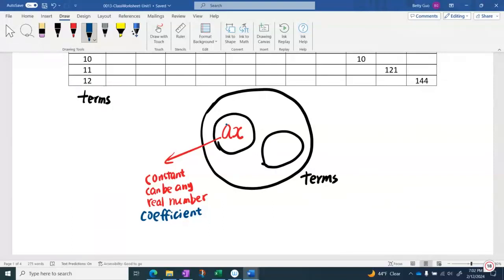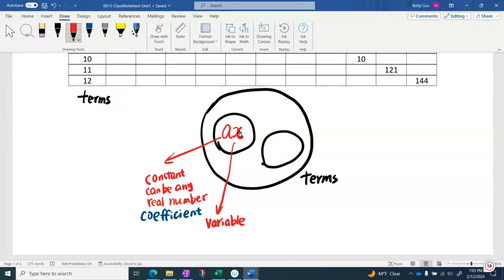And the second part of this term is this x. It is a variable. Okay? Here I use x, but actually it could be y or z or t or u or w, any other letters. Most of the time I use x. So if you see a thing that looks like that, what does it look like?